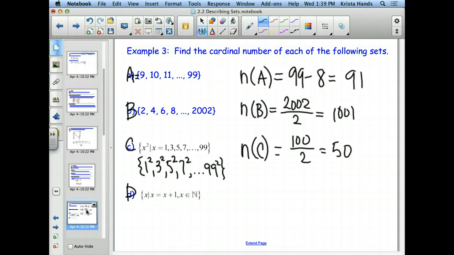All right, the last one. This says I want all x's such that x is equal to x plus 1. What number is equal to itself plus 1?